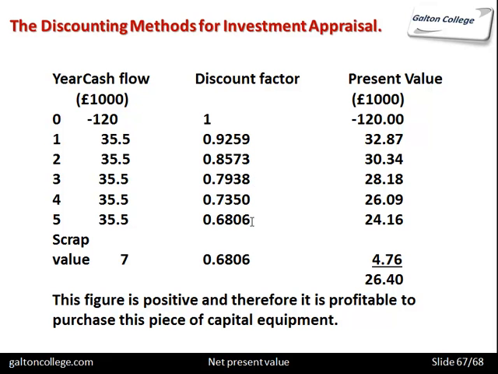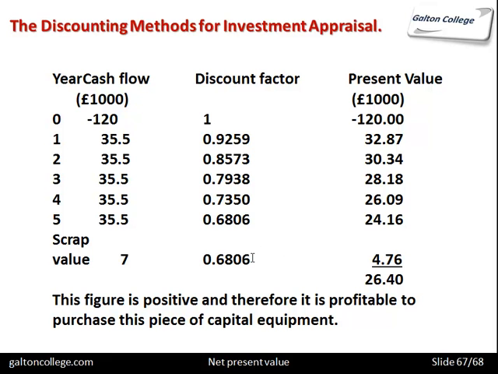Or we can use the formula we had earlier as well if you wish. And this means when you multiply 35,500 by 0.9259, we get 32.87. Next one will be 30.34, 28.18, and so on. So you can see what we're getting back over time is diminishing.